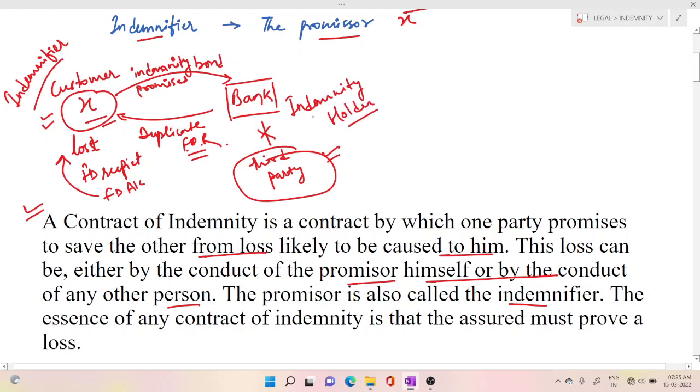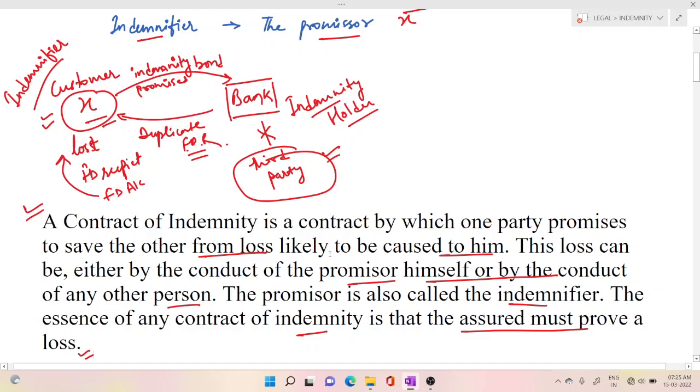The bank would hold the indemnity bond and provide the duplicate fixed deposit receipt to customer X. The essence of any contract of indemnity is that the assured must prove a loss.